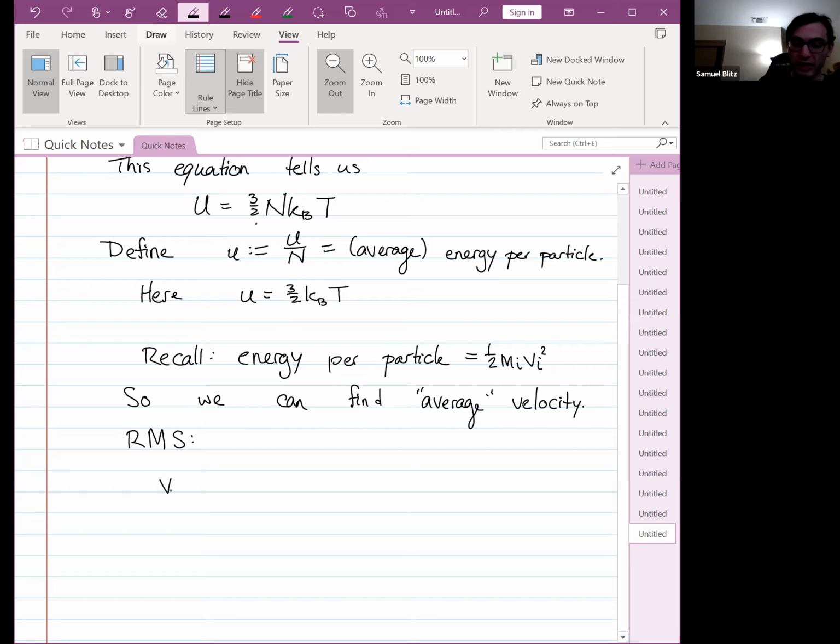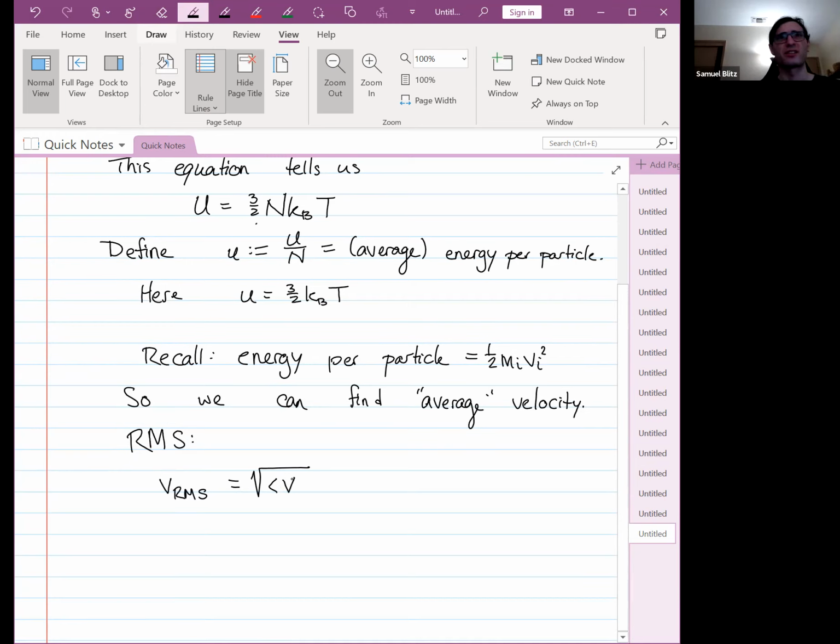You square the quantity. In this case, it's a vector, so squaring it means take the dot product of itself. Then you take the mean, and then you take the square root, root mean square. So the root mean square velocity, also known as v_RMS, is just the square root of the average. By the way, if you put something in these angle brackets, that means average.